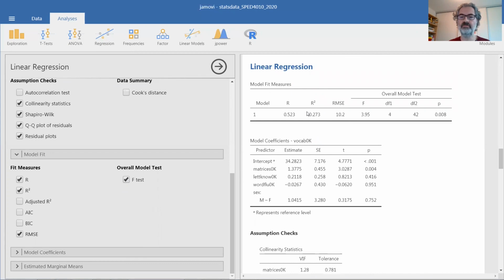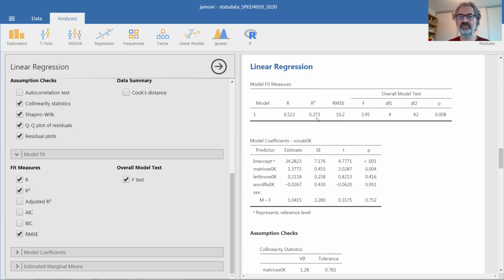Here we see the proportion of variance in vocabulary in kindergarten that is accounted for by all of these predictors considered together. So 27.3% of vocabulary variance can be accounted for by all of these together.